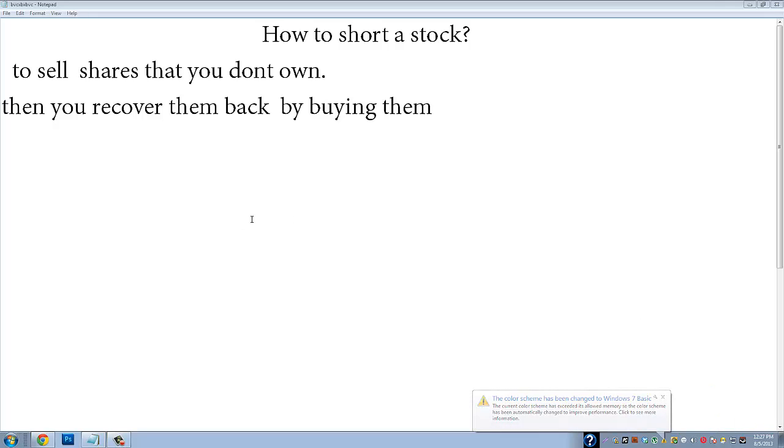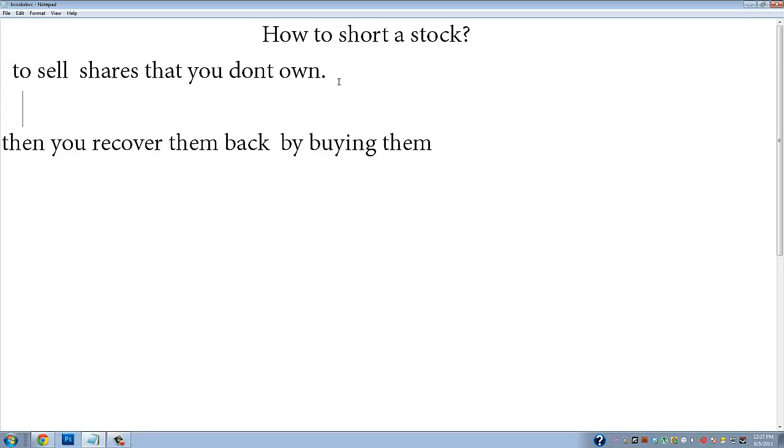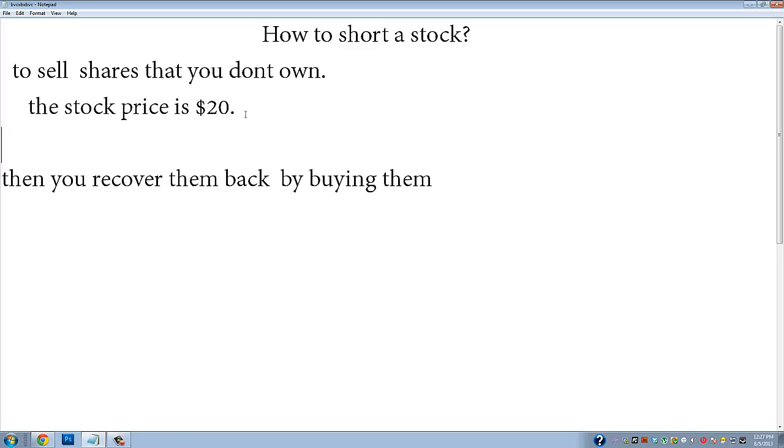Let me give you an example. For example, the stock price is $20, and according to your research, you find this company has problems and maybe the price will go down. So what you do, you go to your broker through the platform.